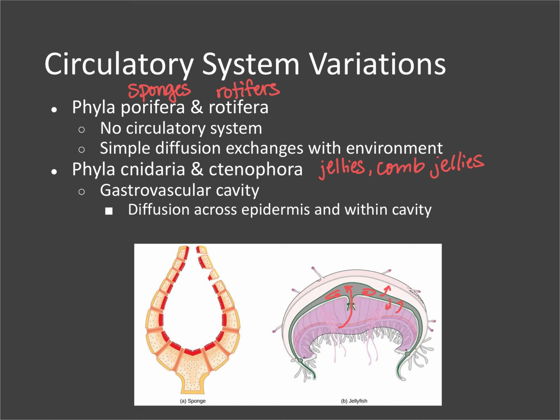And then ultimately any waste products are going to be delivered back out through that opening. So similar to Porifera and Rotifera, simple diffusion is what is going to carry things like oxygen into the cells and tissues and carbon dioxide out of the cells and tissues. But there isn't really a true circulatory system. It's just an area where fluids are mixing and moving around.